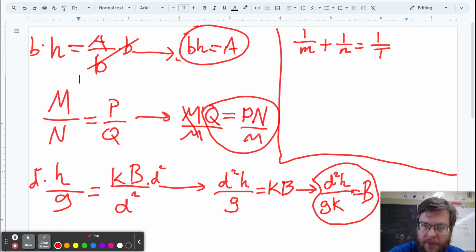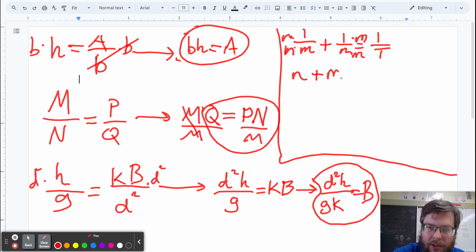What I'm going to do is make a common denominator on the left-hand side by multiplying both top and bottom of one fraction by n and both top and bottom of the other fraction by m. Now both of those denominators are nm, so I can add the tops. N plus m divided by nm is equal to 1 over t.